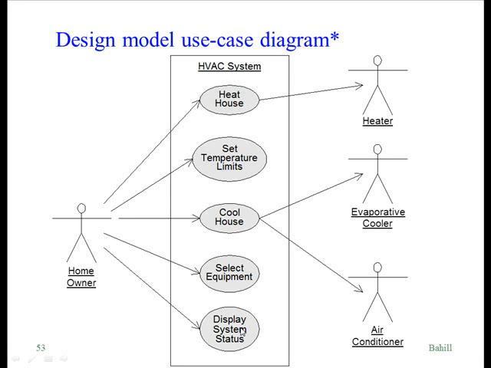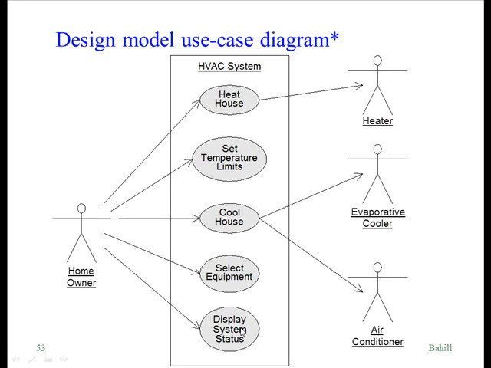In terms of the thermostat, if we didn't have the thermostat in this specific use case, would the use case still be good, because you're having the action of set temperature limits without having the thermostat? The answer is no, because this use case diagram is showing how the homeowner interacts with the system.